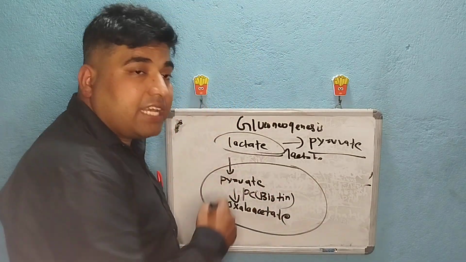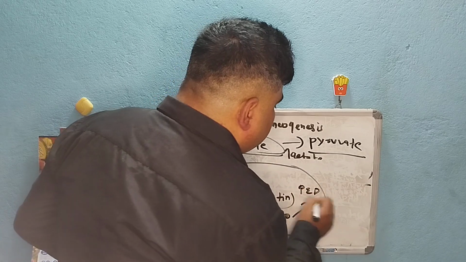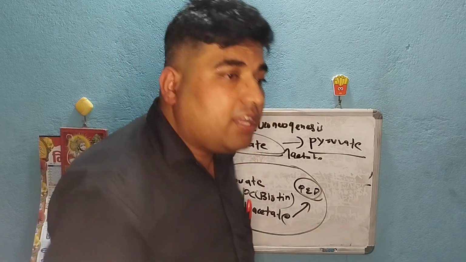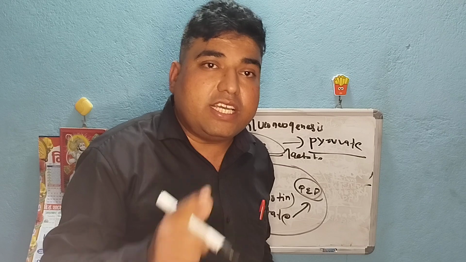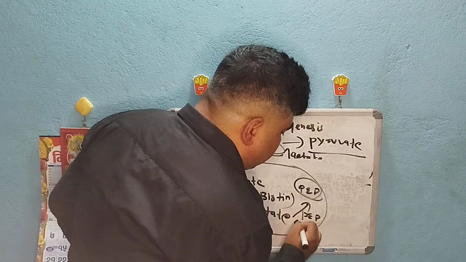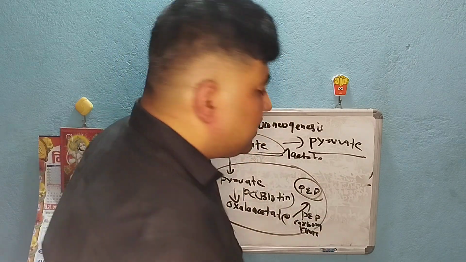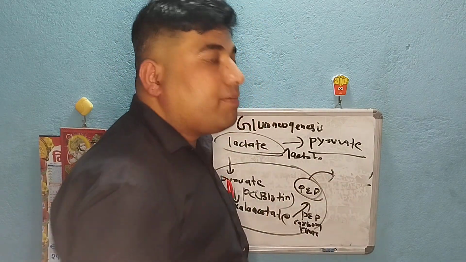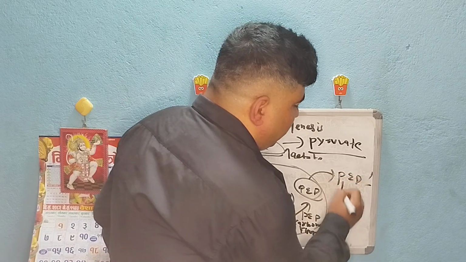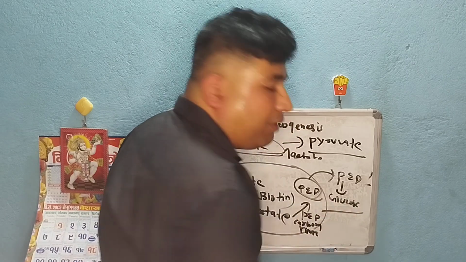This oxaloacetate is converted into phosphoenolpyruvate by the enzyme mitochondrial phosphoenolpyruvate carboxykinase. This phosphoenolpyruvate is exported out of the mitochondrial membrane, and it can be further converted into a glucose molecule by the process of gluconeogenesis. This is all about the malate shuttle.